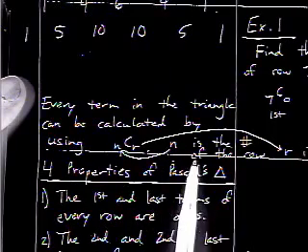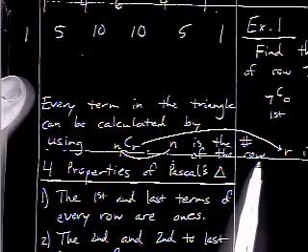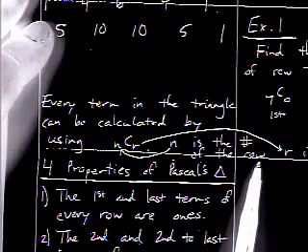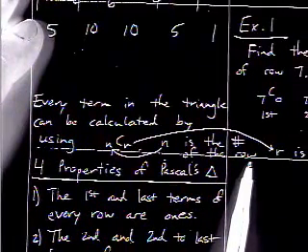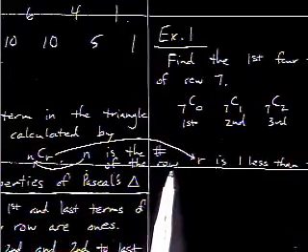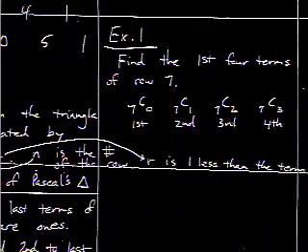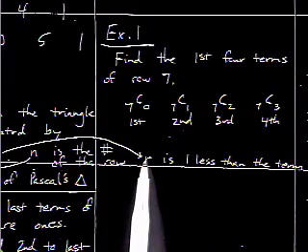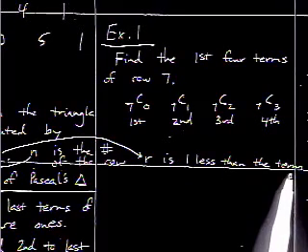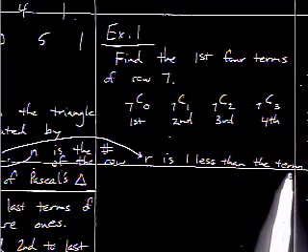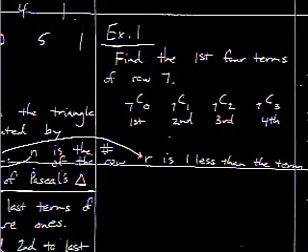Well, n is the number of the row of Pascal's triangle, and r is 1 less than the term. See if I can scoot over far enough so you can see that. r is 1 less than the term. Sorry, I ran out of room when I was writing my notes.